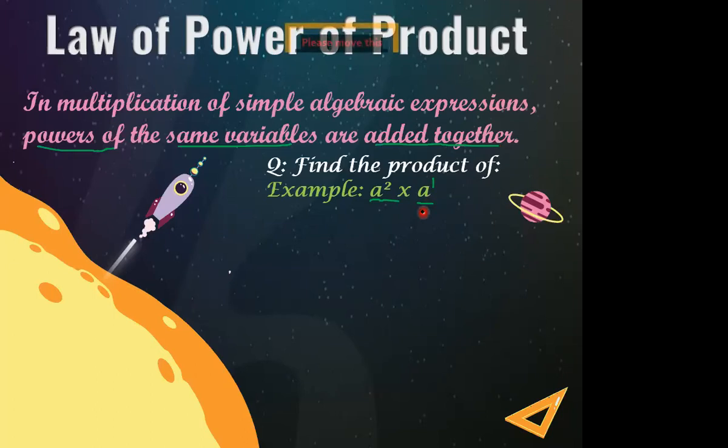When you multiply the same variable, you write your variable only one time. a multiplied by a will be a, and then you add their powers, which are 2 plus 1. So what will be the answer here? a cubed.